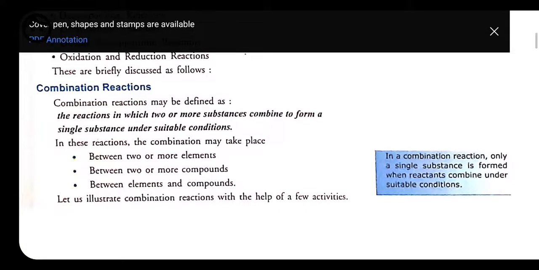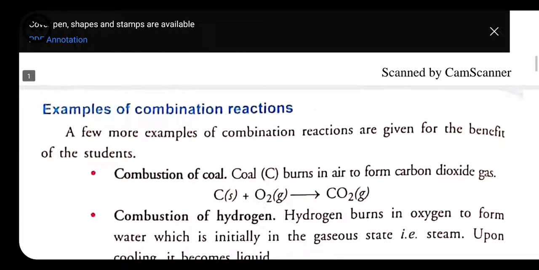Here we have a few examples of combination reactions. First, we have two elements: carbon combined with one oxygen molecule, O2, gives out CO2. Here combination of two substances gives rise to one compound, with the evolution of heat also. Next is combustion of hydrogen.